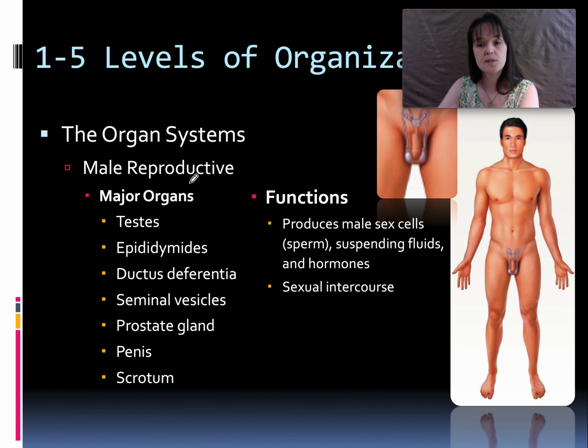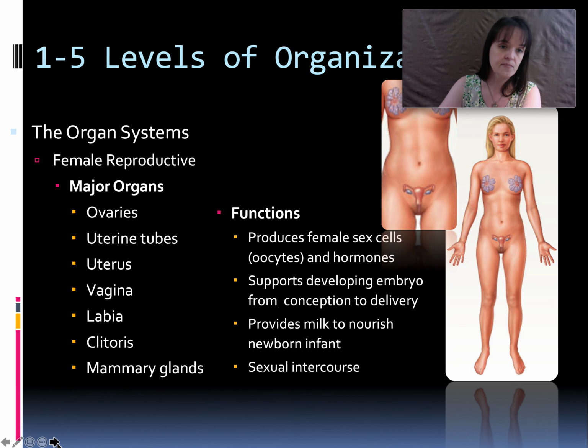The male reproductive includes the testes, the epididymis, the ductus deferens, seminal vesicles, prostate gland, penis, and scrotum. And the functions are to produce the male sex cells, which are sperm, and the fluids and hormones that go with them. And of course, sexual intercourse is a function, as it is with the female reproductive tract.